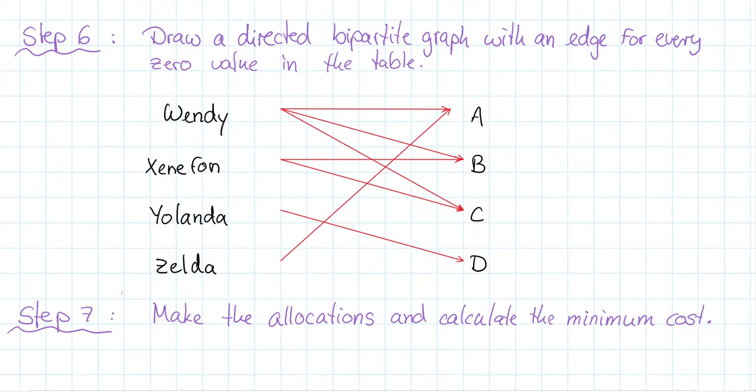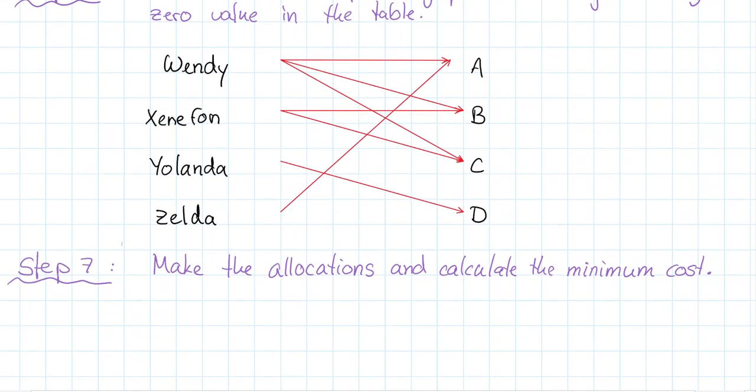And therefore we need to have a look at our initial cost matrix. Let's start with those who can't do anything else. So Yolanda goes to D, and Yolanda needs 30 minutes to do D. So that's the 30.